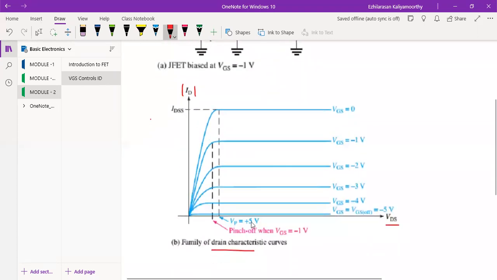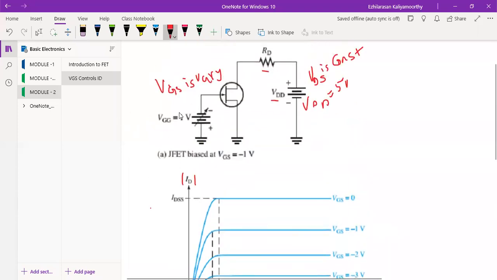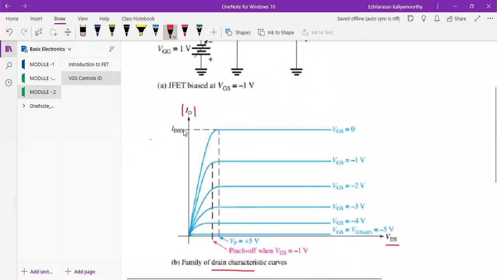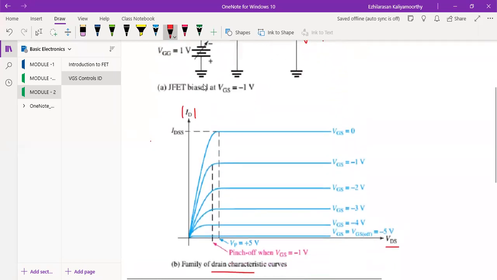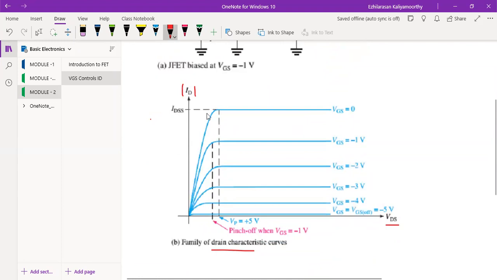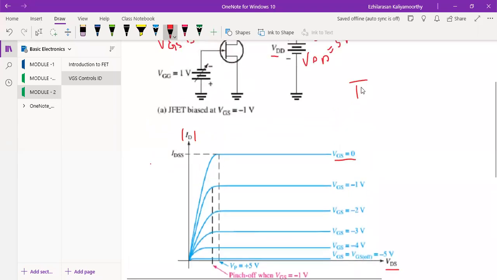First, you see here, when VGS is equal to 0, what will happen? Normally, you can see this curve, and this portion is VGS equal to 0. Your ID will be at ID max.